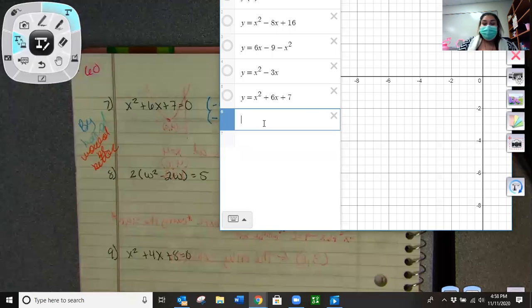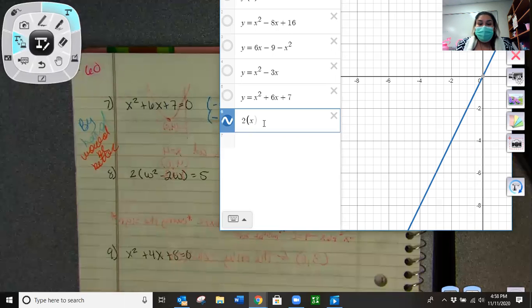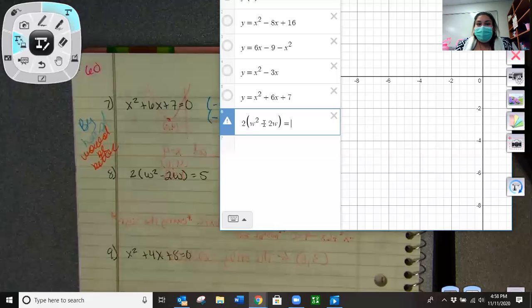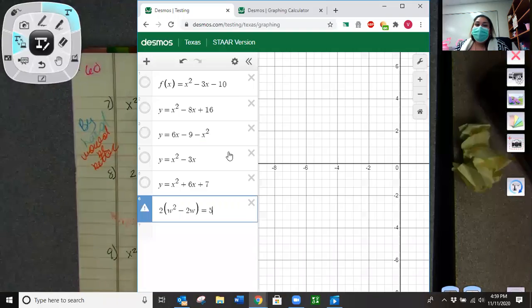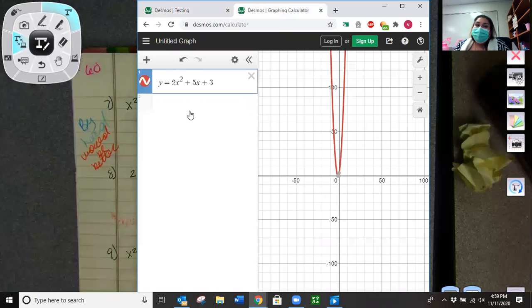So our next one, 2 times w squared minus 2w equals 5. Now, remember, I'm using the star version, right? So it's not gonna let you do this. You have to have it set to equal. If you did it on here, it would let you, okay?